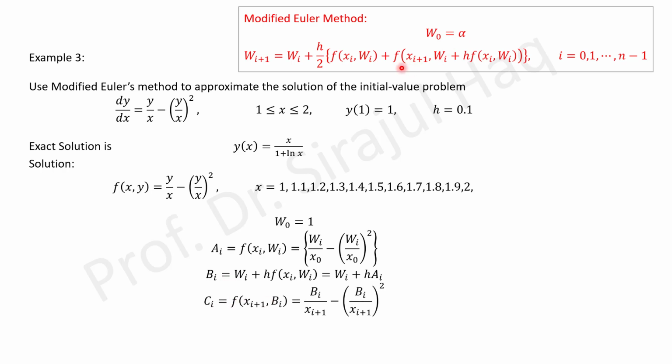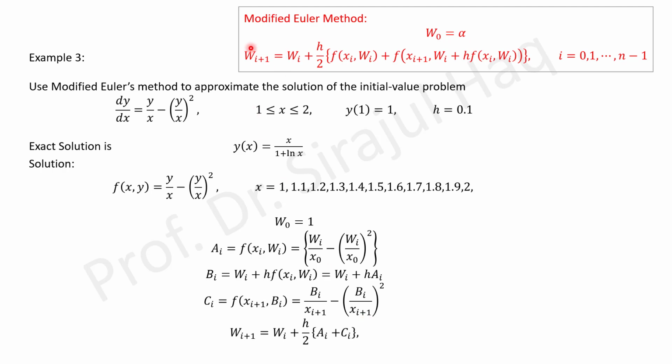The function value at xi plus 1 and this portion we denoted by Bi, so you can see it over here. Replace x by xi plus 1 and y by Bi. So this will be f of xi plus 1, Bi. This is my short notation.